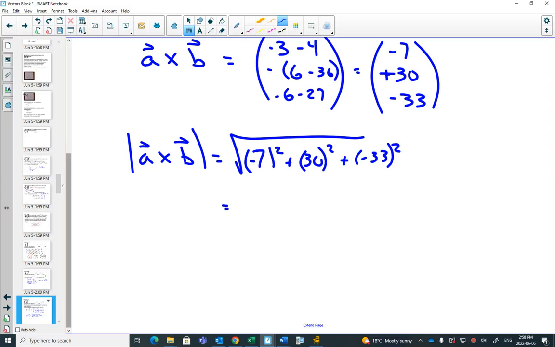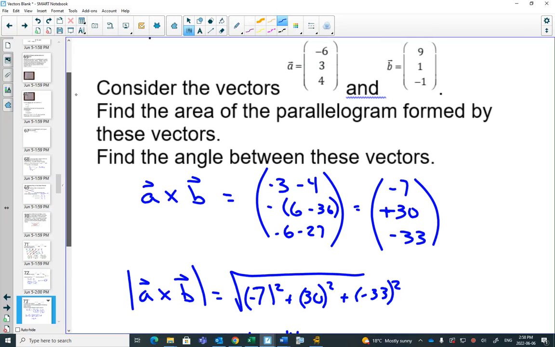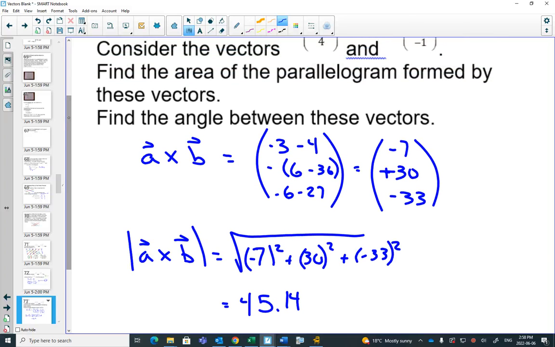Does it work out nicely? Nobody's done it? All right. I am doing it right now. 45.14. Were there any units here? Find the area of the parallelogram. No.